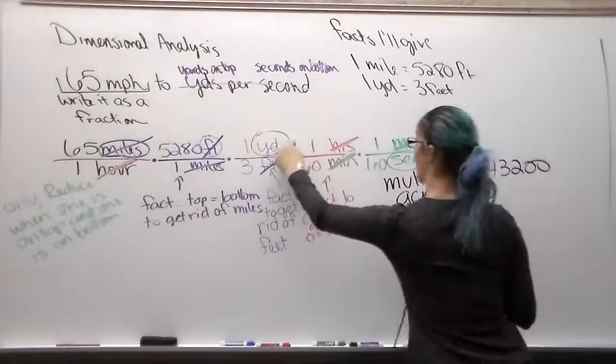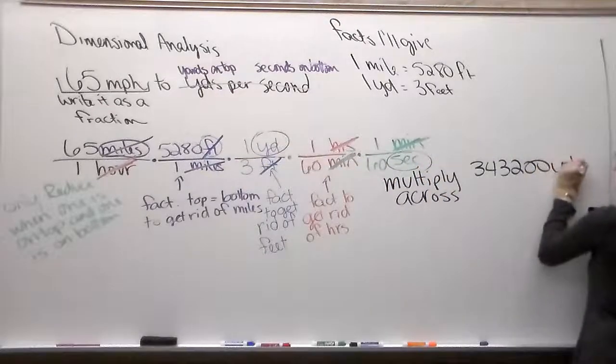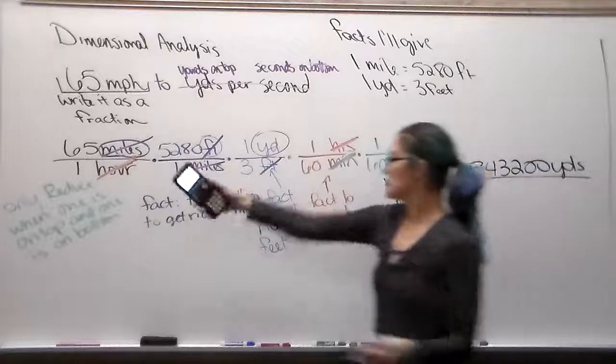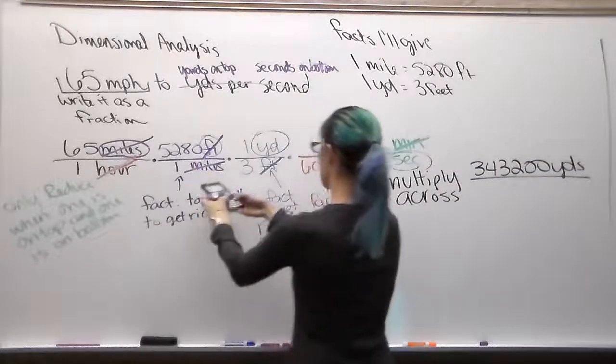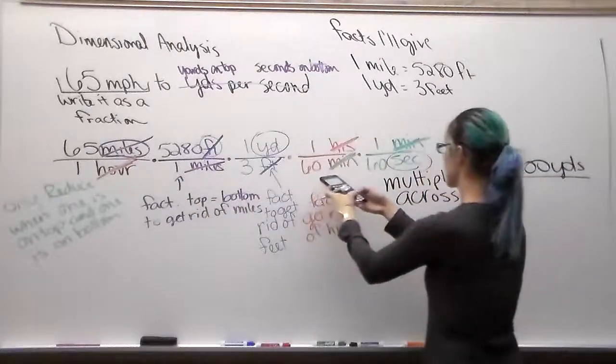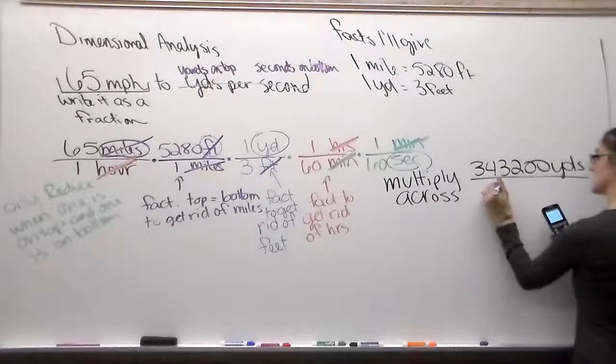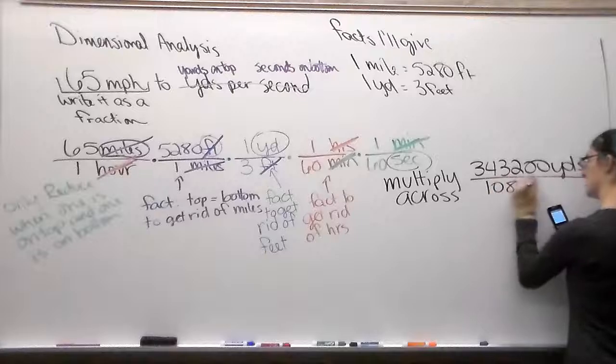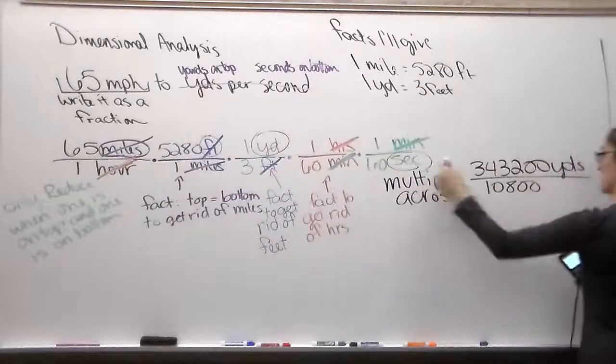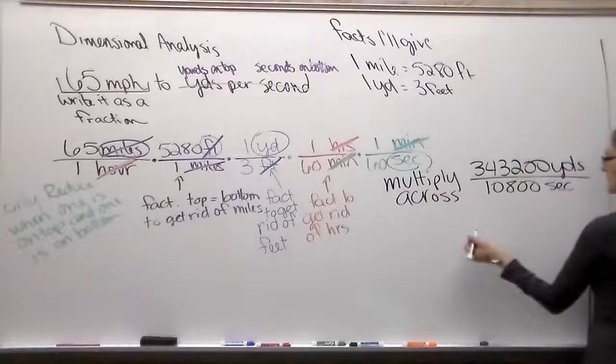The only word left is yards. You cannot lose those words. To the bottom, we have 1 times 1 times 3 times 60 times 60. Gives us 10,800. The only word left on bottom is your seconds.